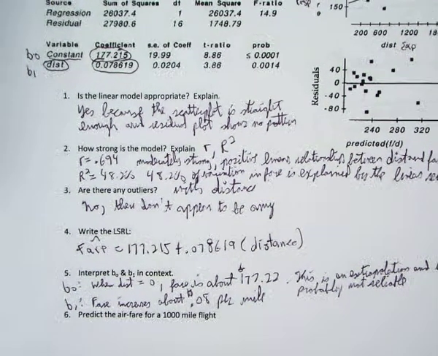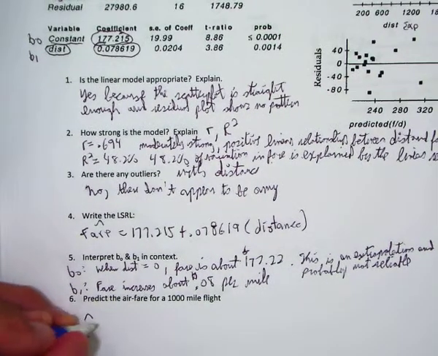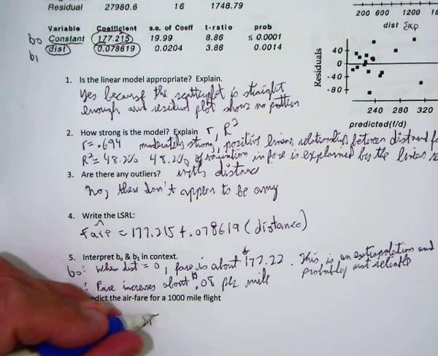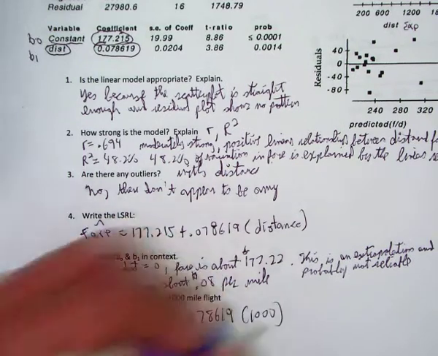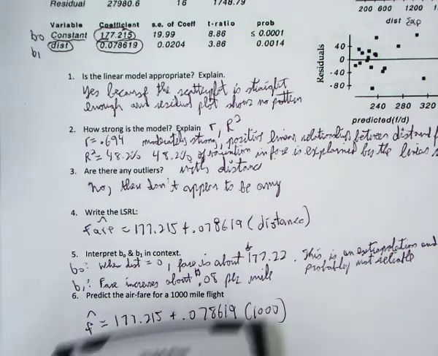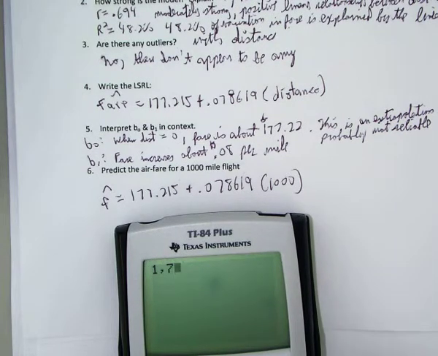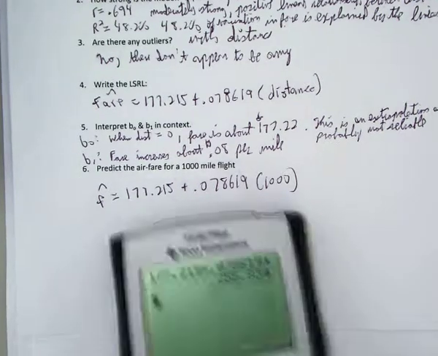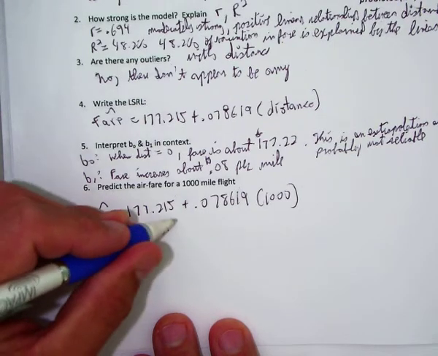And then let's talk about a 1,000-mile trip. So we're going to do predicted fare equals 177.215 plus 0.078619 times 1,000. Let's just put that in the old calculator. So it's 255.83.